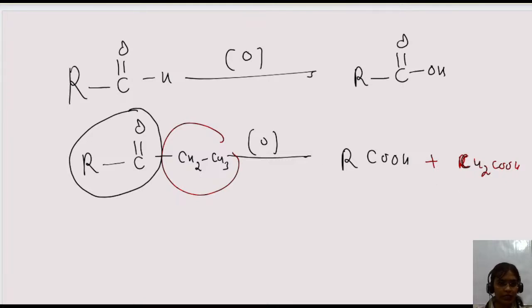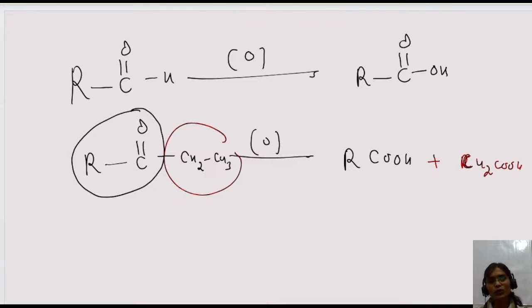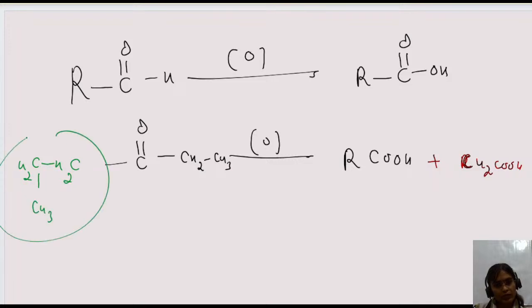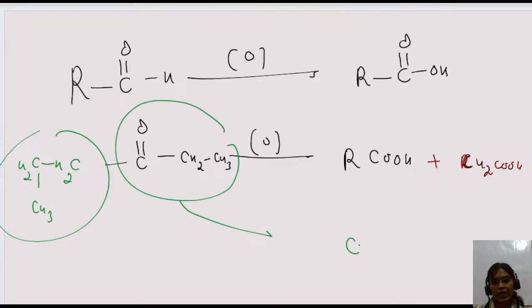Condition number two, R with the CO. Let me just use some R value, CH2 or CH3. Let's suppose this is the group. So we have to go with this part here, maybe that is the COOH part, the CO part connected with this.